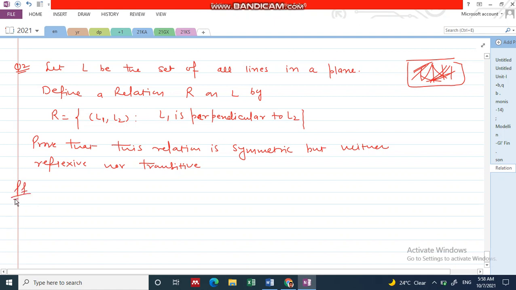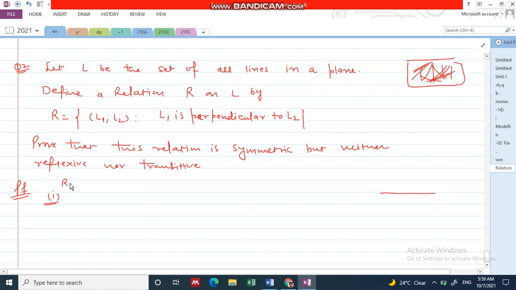Proof. For two lines to be perpendicular, we need two separate lines. A single line cannot be perpendicular to itself.